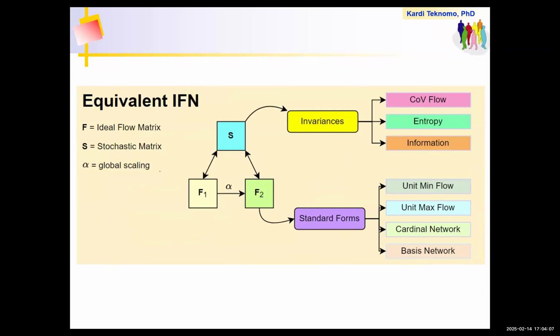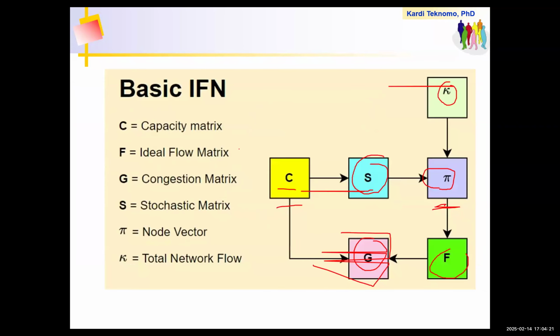Today we discuss equivalent IFN. Suppose you have two flow matrices, let's call them F1 and F2. Both have the same stochastic matrix. Remember, the flow matrix comes from a stochastic matrix.